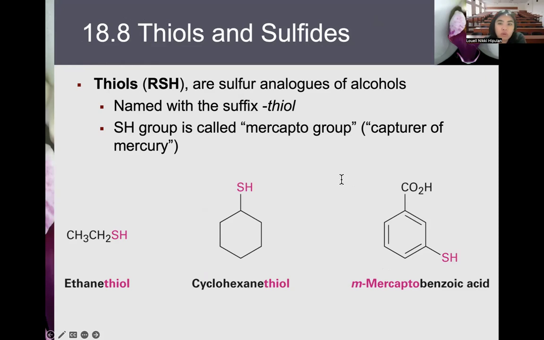Ortho, meta. Your mercapto group is in the meta position. That's why it's called meta-mercapto. This is a benzoic acid.